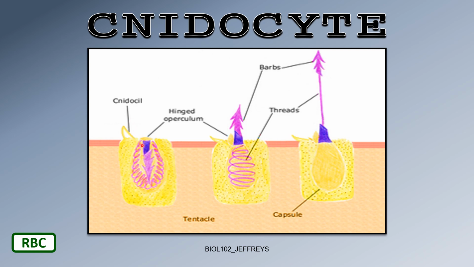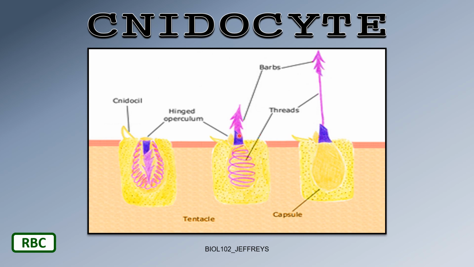This one happens to be hinged. And so when the cnidocyls get stimulated, the little door pops open, and the nematocyst fires out.